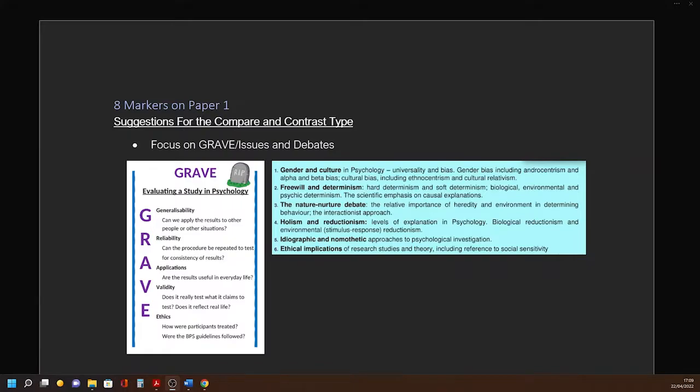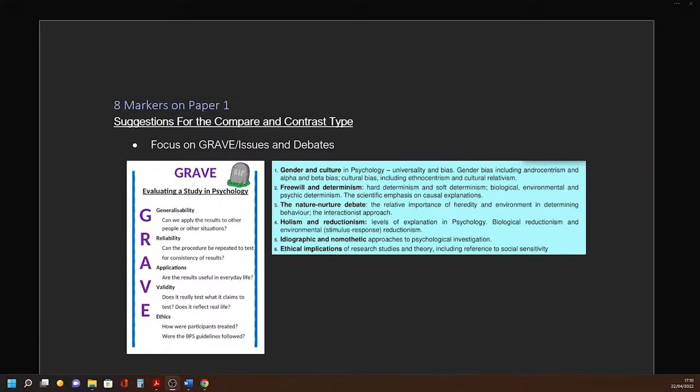Sometimes when people are asked about similarities and differences between studies, they get a little bit nervous and struggle to answer. But actually, if I were you, I would love a compare and contrast question, because I'm just going to use the same evaluation points and issues and debates that I've come across throughout the year to answer my 10 markers.